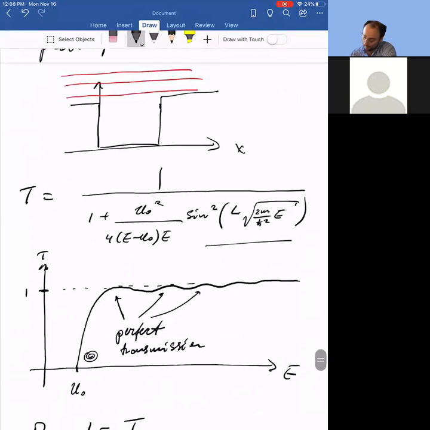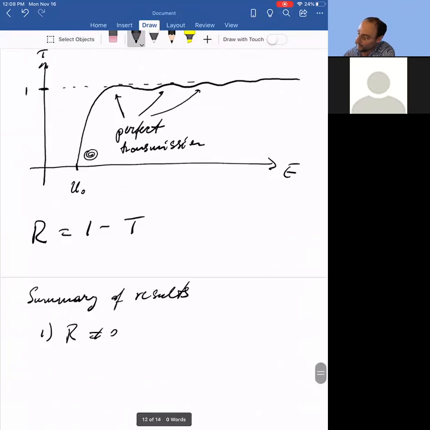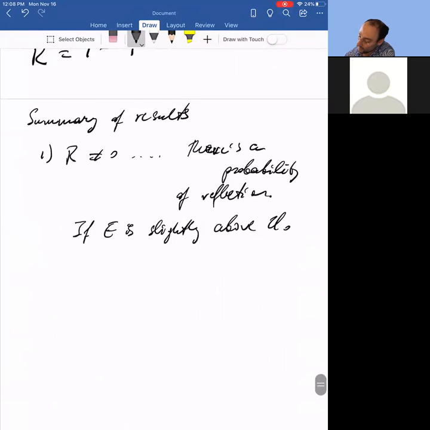How slightly? Well, what sets the energy scale? You have the energy scale U naught. So if the difference between E and U naught is much less than U naught, that's considered slightly above U naught.